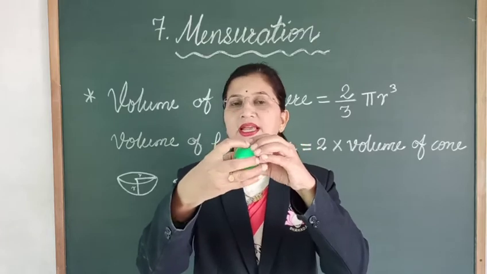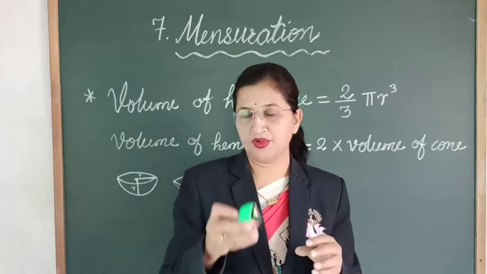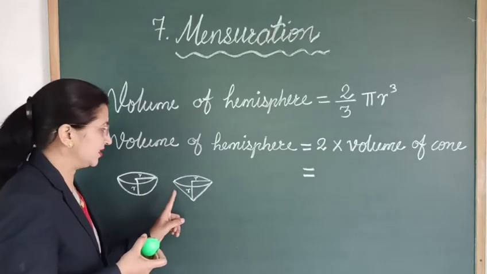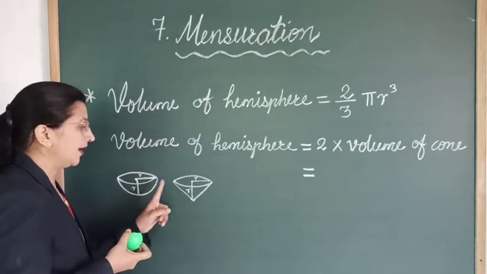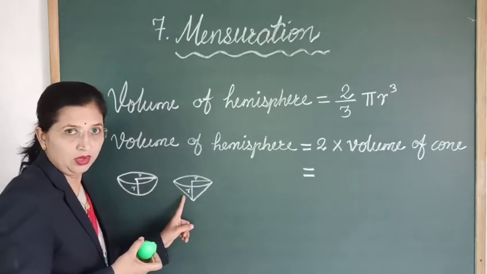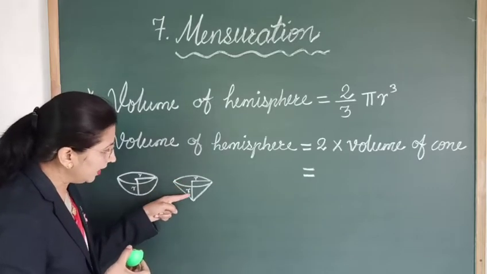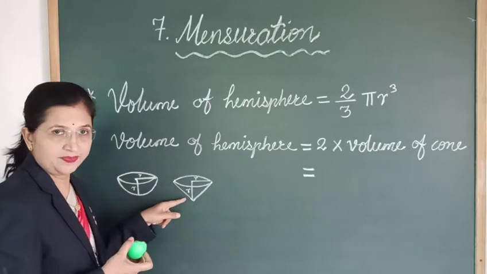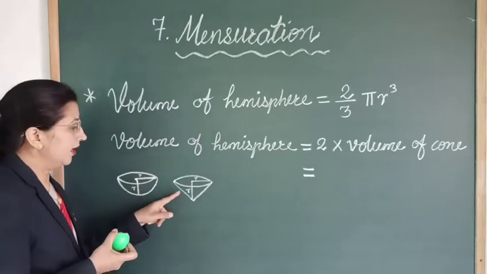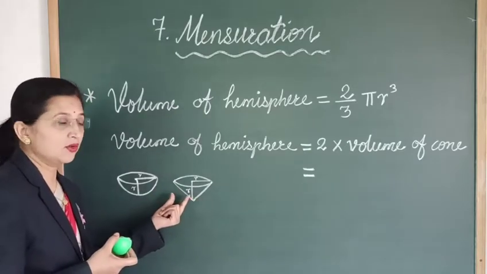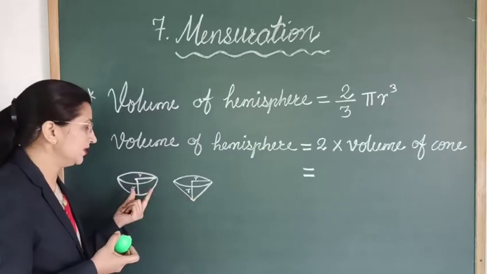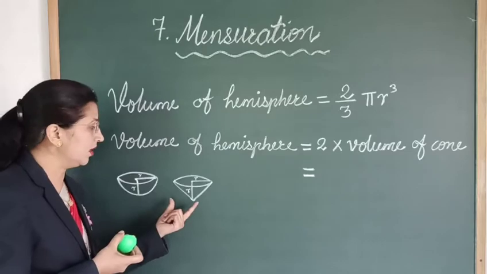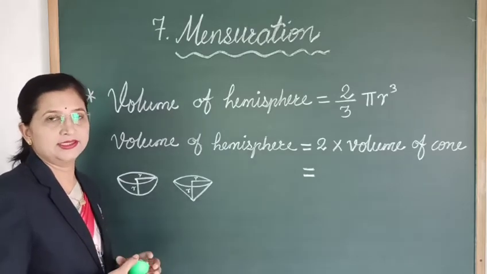Their radii are equal, and the height of the cone is also equal to the radius. We'll use this cone to fill this hemisphere. How many times do we have to use the cone? Let's see that.